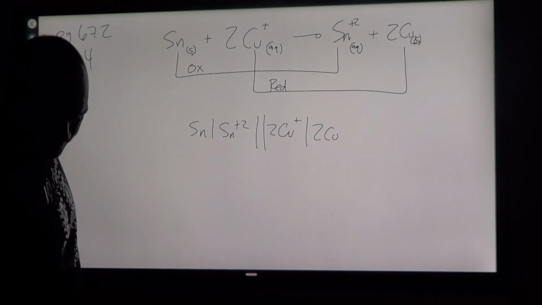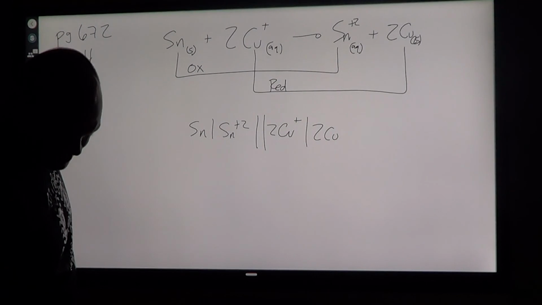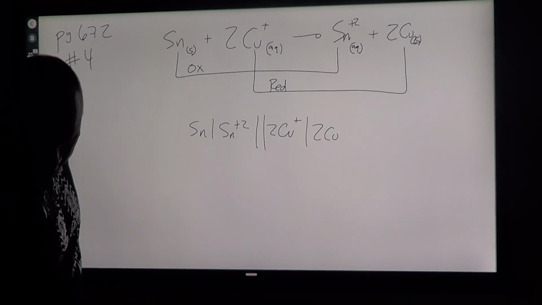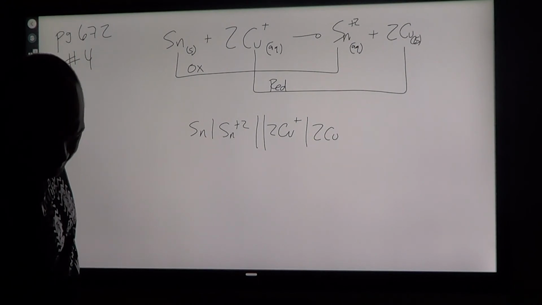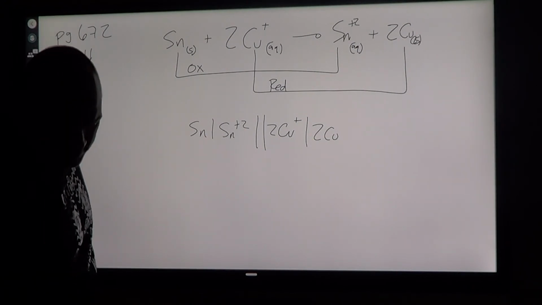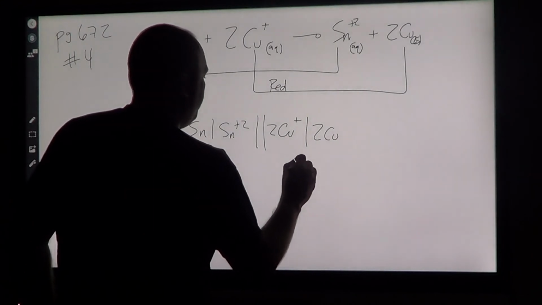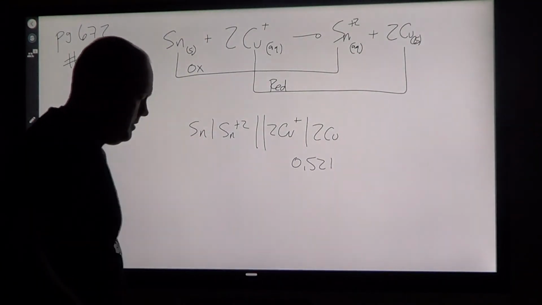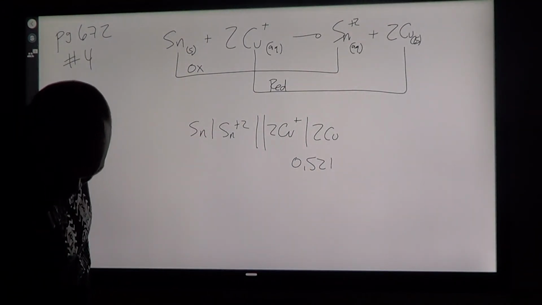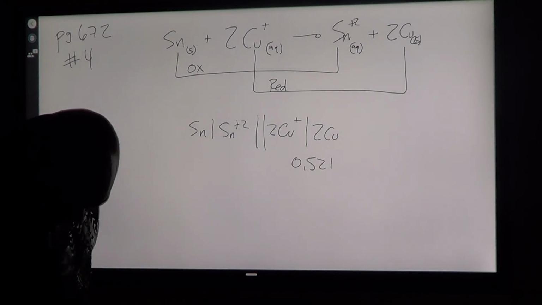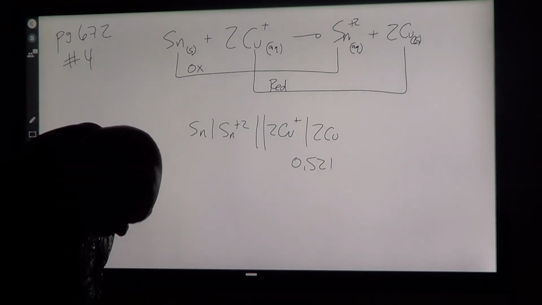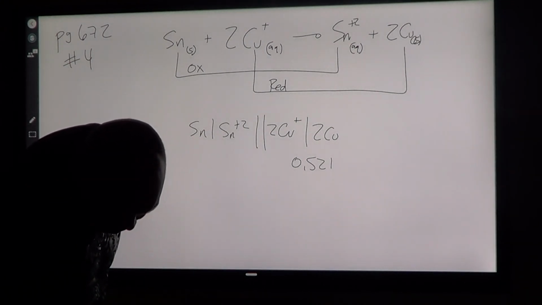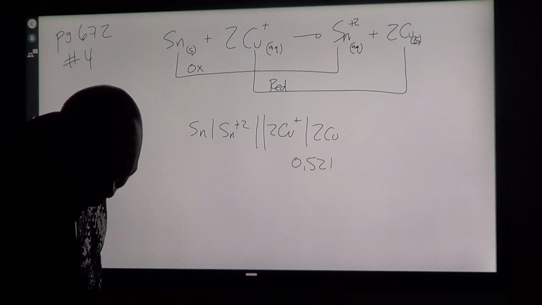Okay? Now, once I've got it like this, I can now check my chart and write down my reduction potentials. So if you go to the table on 667 again, the giant table, okay, the copper plus 1 is the 7th one from the top on the right hand column, which is 0.521. And the tin is located, plus 4 to plus 2, the 4th one from the bottom on the left hand side.